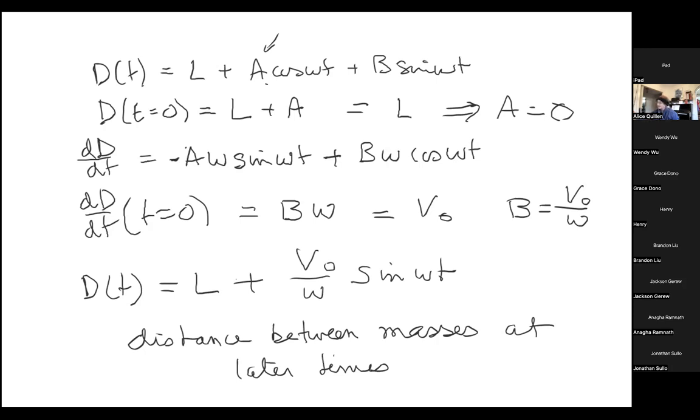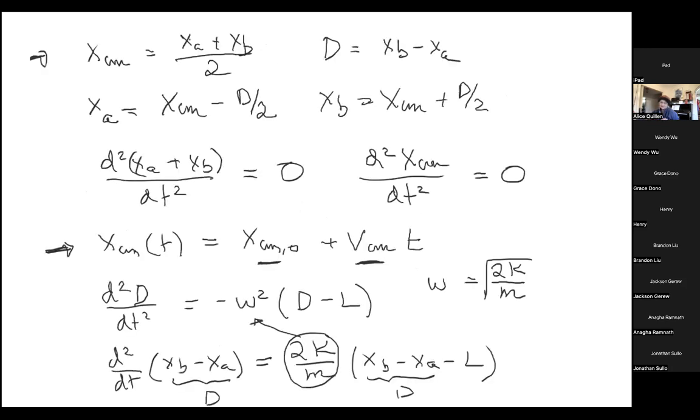Supposing we now want to figure out the position of each mass at all later times. All we need to do now is use the transform. Remember I wrote down the transform, so let's show that here. The top one was the center of mass position in terms of the two particle positions and the distance between them. This is the inverse transform. If I have the center of mass and the distance between them, I can get positions xA and xB.